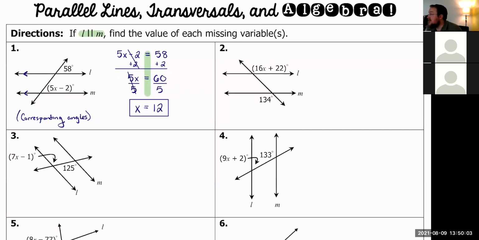L and M again are the parallel lines, therefore the third line is the transversal. The information we have appears to be on opposite sides of the transversal, or alternate sides, I should say. And I think I heard it. They are alternate exterior angles.